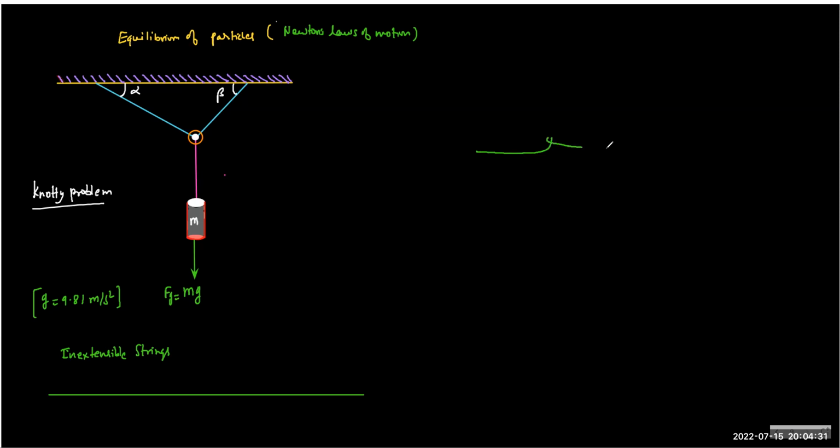Or let's say in a tug of war, if team A is pulling the rope this way and team B is pulling this way, how is tension pulling both the teams? Inwards. Yeah, so A will be pulled like this and B will be pulled like this.